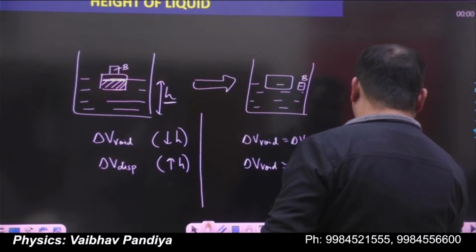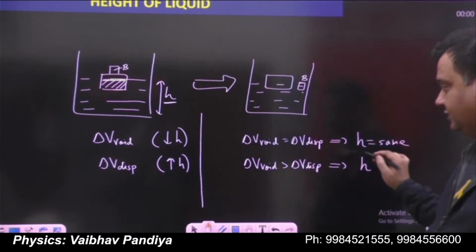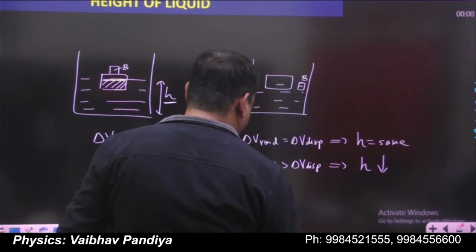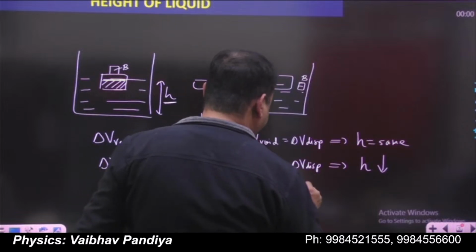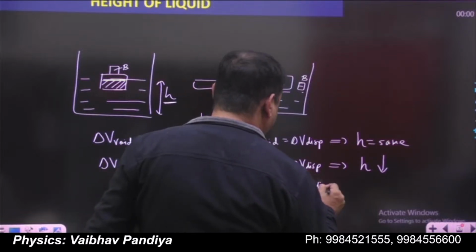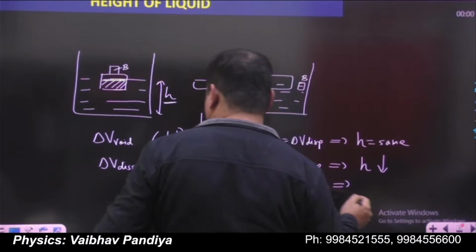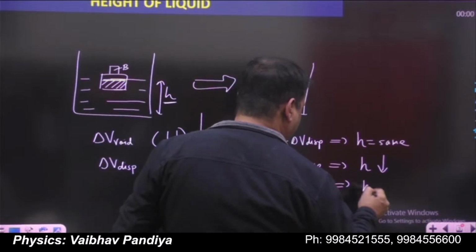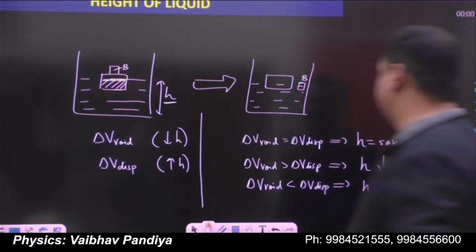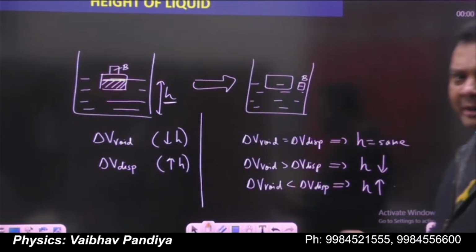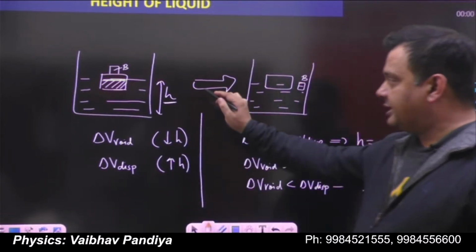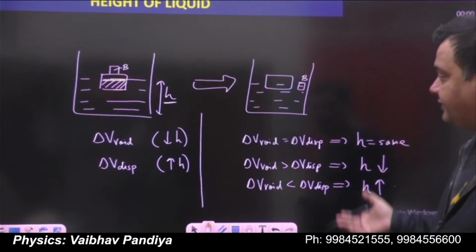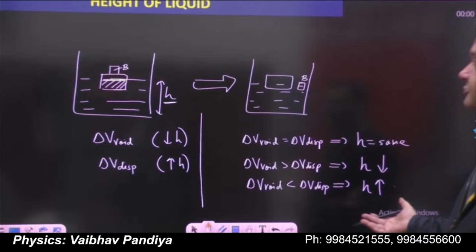So H will decrease. And if delta V void is less than delta V displaced, it is increasing the height H, so your height will increase. So in all the problems, no matter what type of problem we have, we will apply this fundamental approach, which is simple: the knowledge of density, mass, volume, and upthrust.